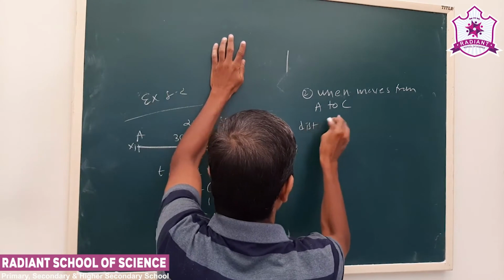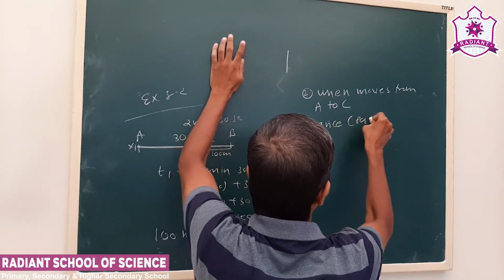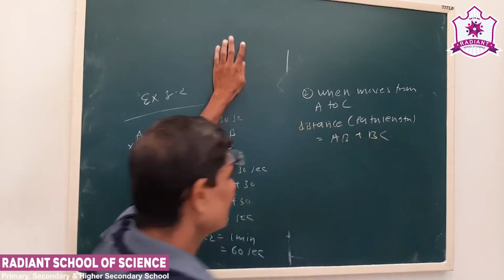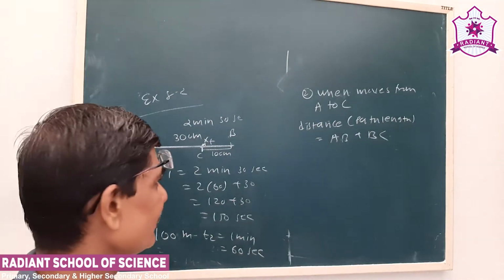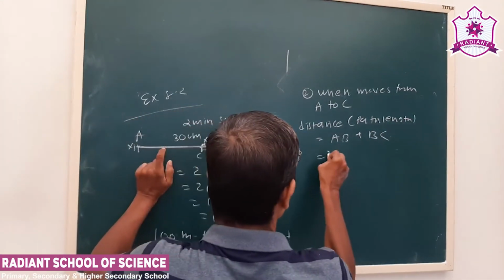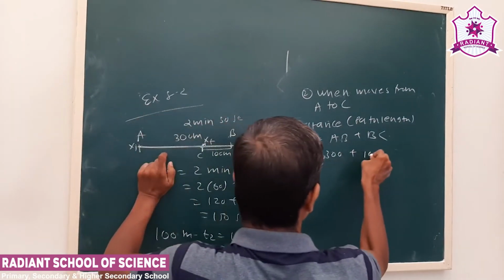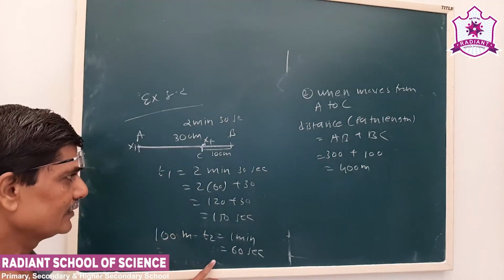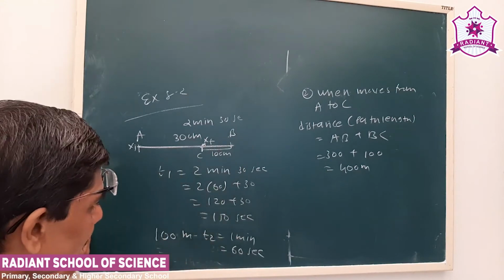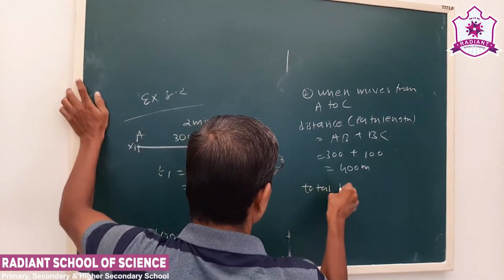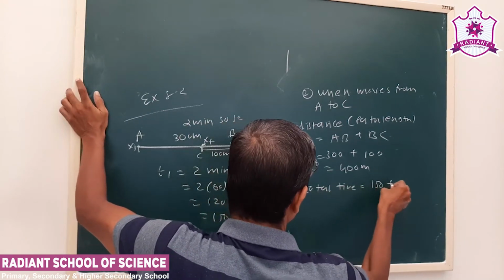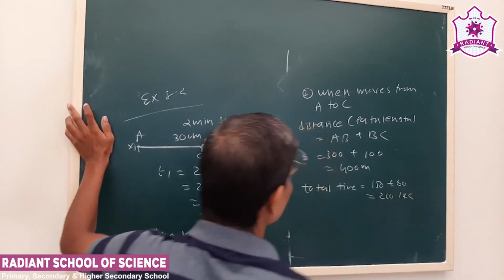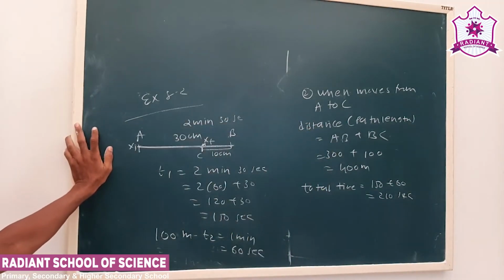Distance or path length: right now it is not in the form of coordinates, so we simply calculate AB is 300, BC is 100. Now the total time will be 150 plus 60. Why? From B to C it requires another 1 minute. So this is the total time in seconds. Now this is the total distance.